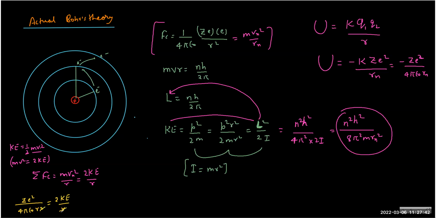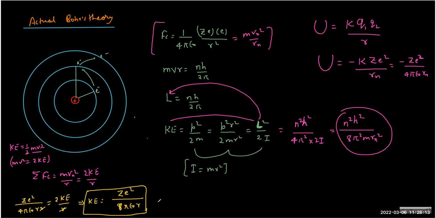This r cancels, and there is a simplified answer for K. So we can write K in 2 ways: one from the Coulomb's and the other from the quantization. Quantization itself gives one answer, and the force equation is giving you another answer for the same thing. So we are representing one same concept in 2 ways, so they must be equivalent, isn't it?